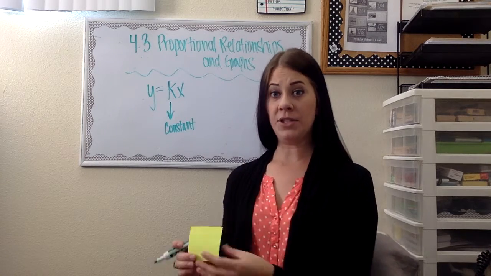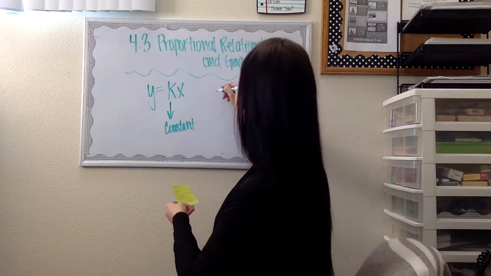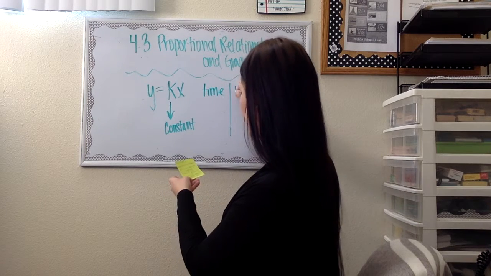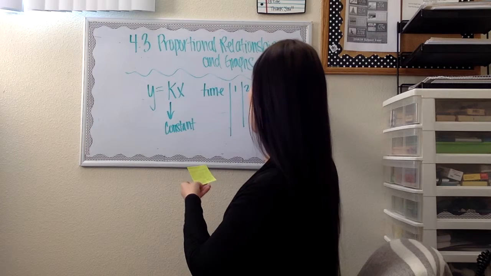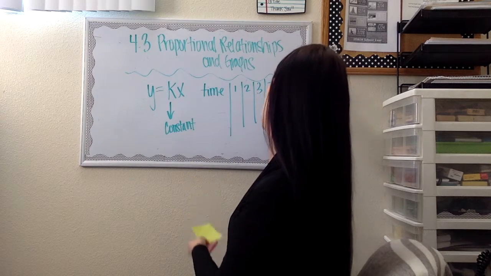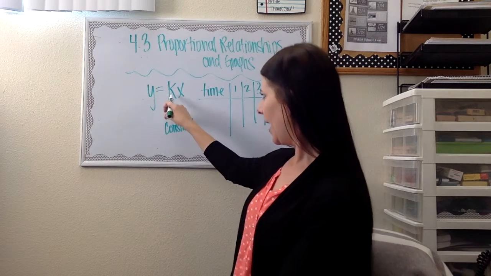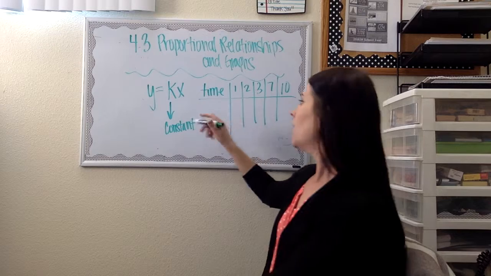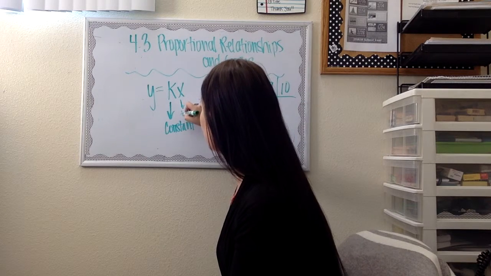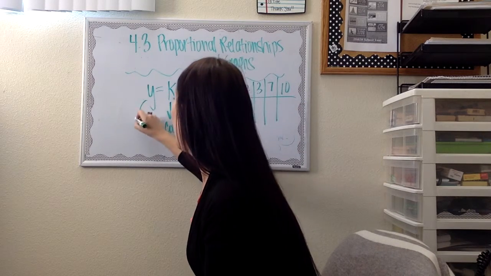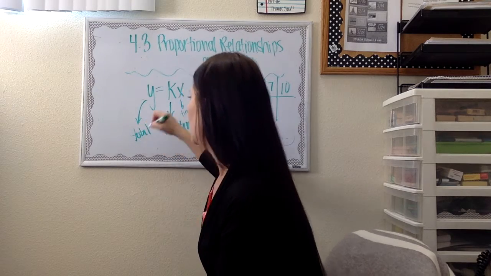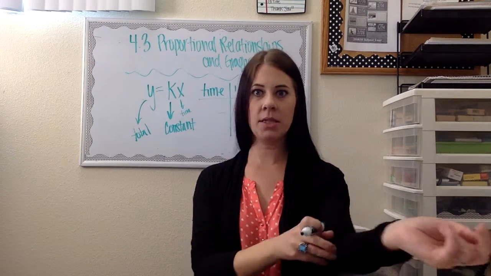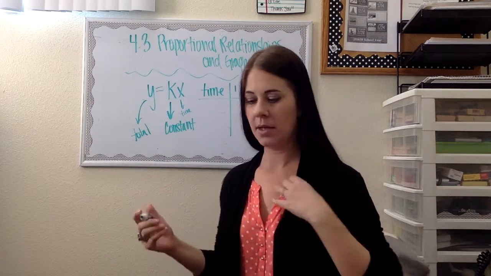So I take all my x's, and x is time. Let's say I have 1, 2, 3, 7, 10, and the k tells me what I multiply the x by to get the y. x is almost always time, and y is your total. It could be total money, total hours, total gallons, whatever the total is.